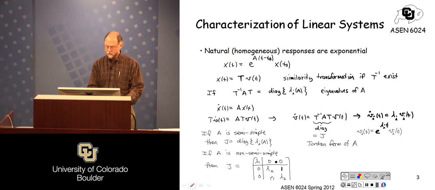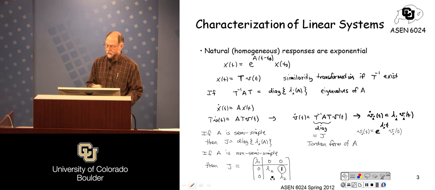So this would be diagonal except for this guy here. So it turns out that I can sometimes diagonalize the A matrix even though I have repeated eigenvalues. And that would be the case when I get a diagonal form here with a 0 here instead of a 1. And that would be semi-simple. Okay? The non-semi-simple case has these super diagonal 1s that show up. And that's where we need generalized eigenvectors, and we get this more complicated kind of stuff.